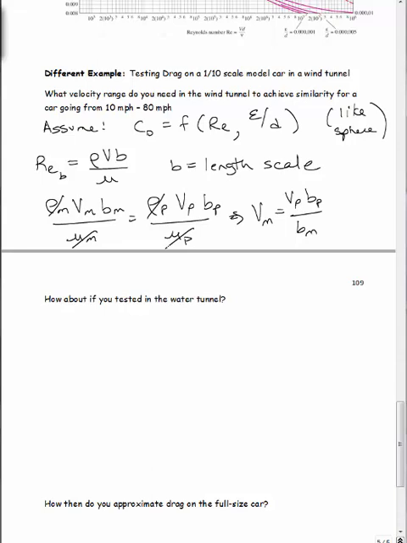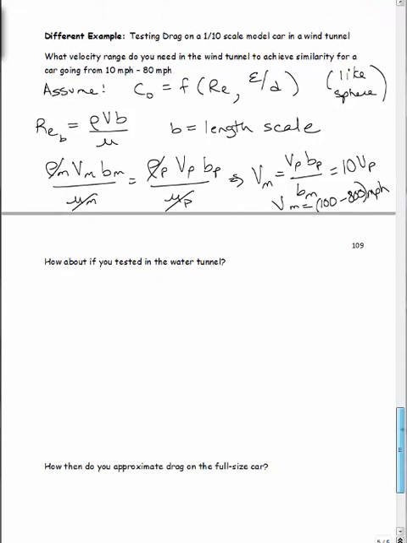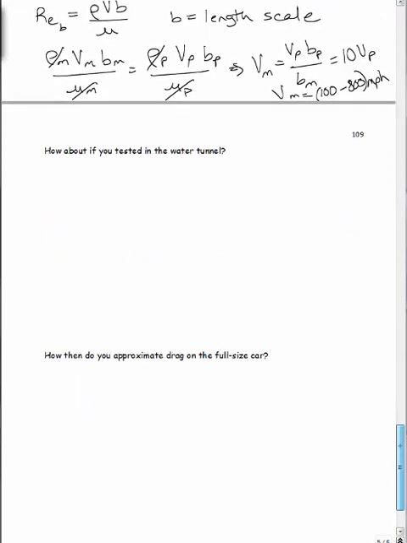So the V of the model is just BP over BM, and if this is a 1/10 scale model, that's going to be 10. So that's 10 VP. I didn't leave enough room here, but that means it's 100 miles per hour to 800 miles per hour. Okay, so that's the range you're going to have to run your model test at, on your little die-cast car.